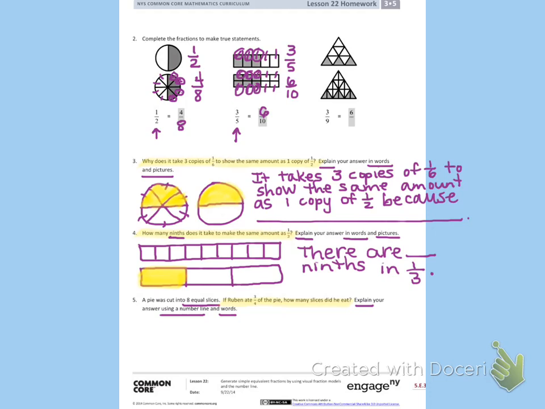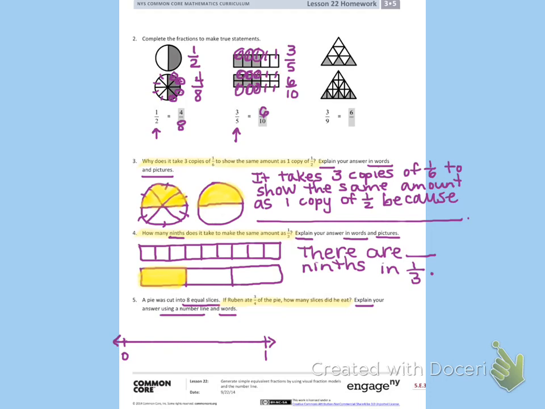I'll go ahead and use a number line that starts over here with endpoints 0 and 1.